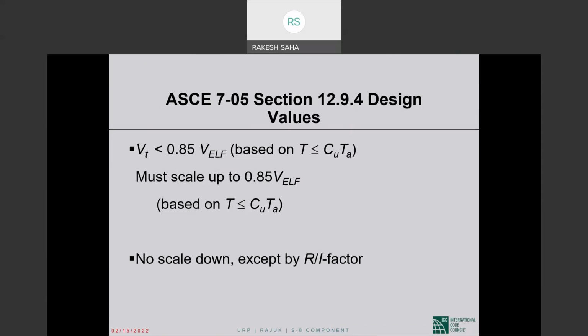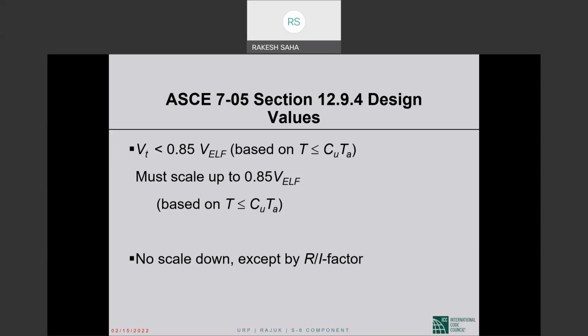So we say if the dynamic base shear, the statistical sum of the modal base shears, is below 85% of the equivalent lateral force base shear, you shall scale up all modal quantities by the ratio between 85% of equivalent static base shear and the dynamic base shear.